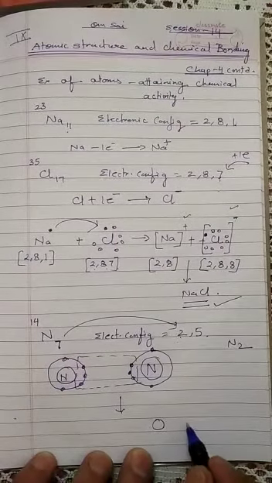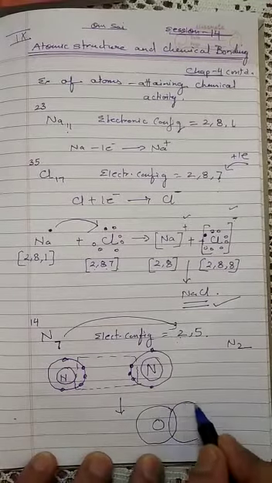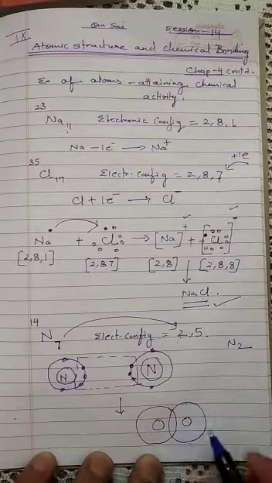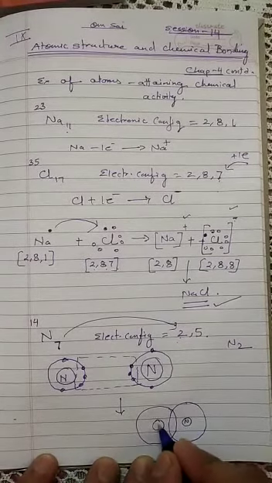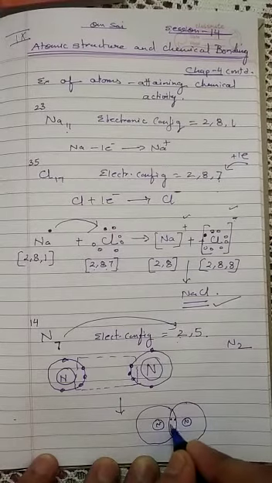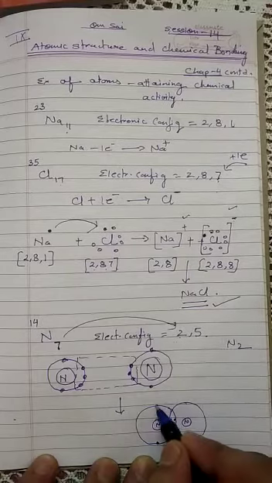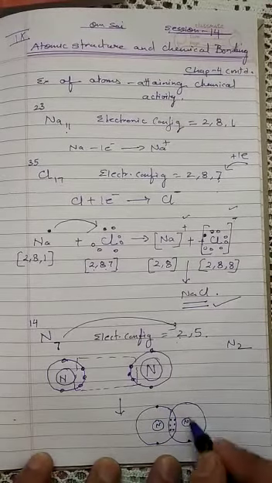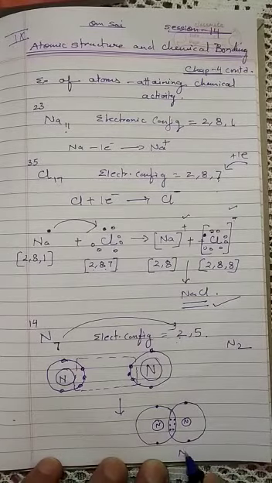So we can also draw in this way, that these are 2 atoms of nitrogen, and 1 2 3 4 5 6 electrons are shared by each other and two of its own. So this is the nitrogen molecule.